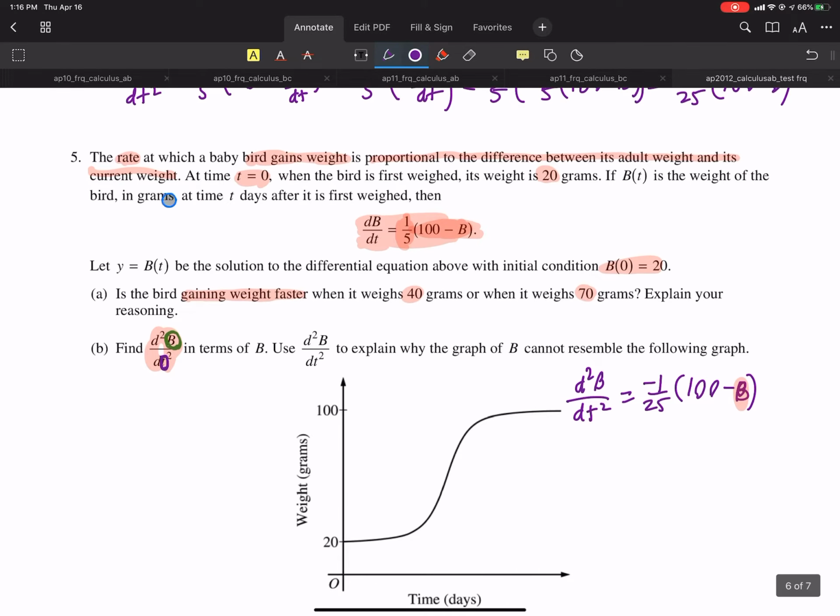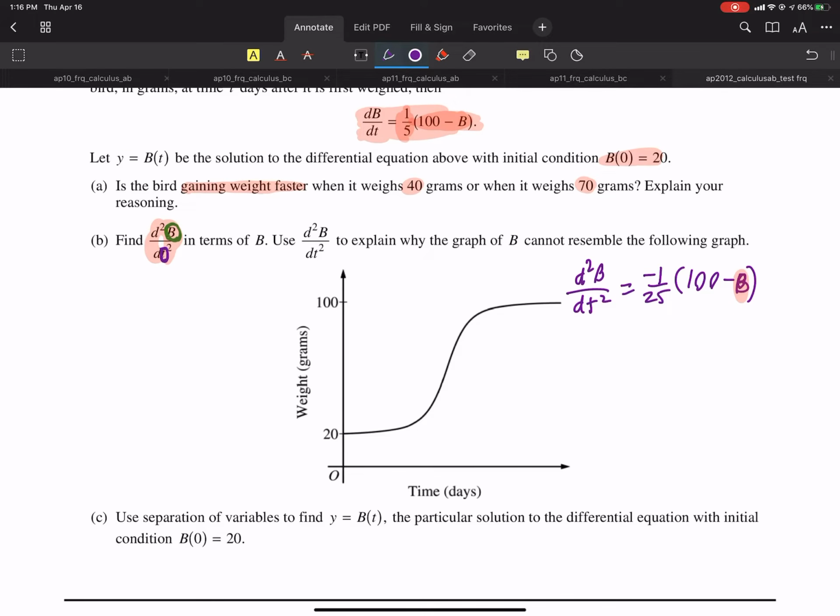And we get that because right here it tells us the difference between the adult weight and current weight. The adult weight is 100 because that's what the formula has. So we know that b is between 100 and 20.